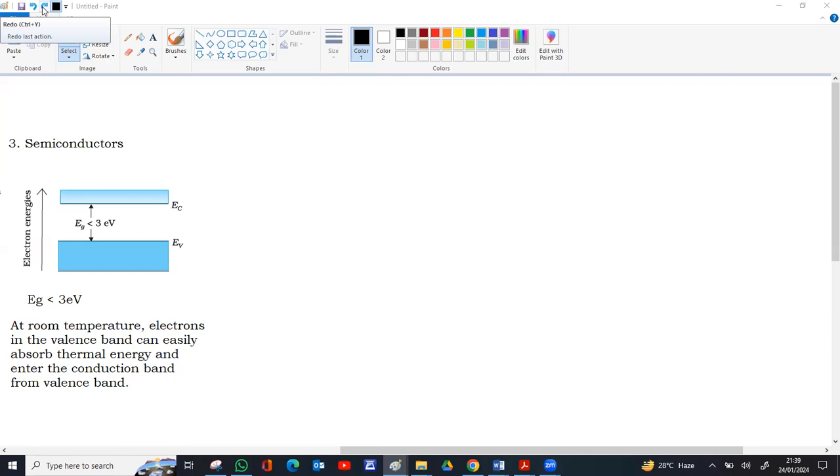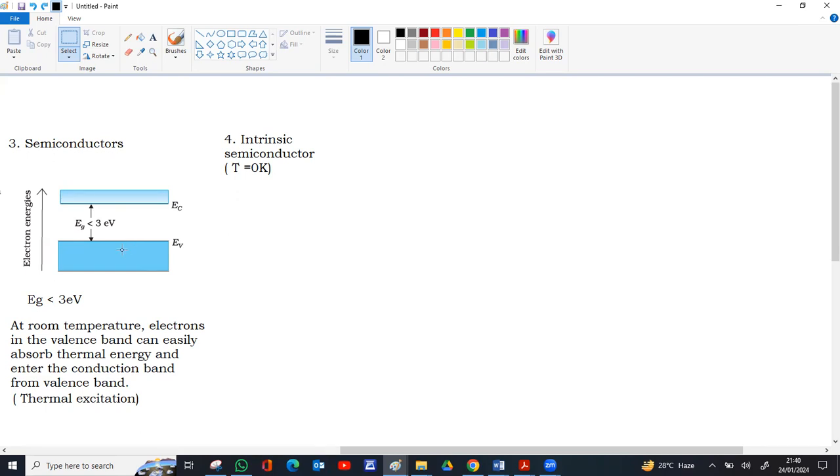If the intrinsic semiconductor is at 0 Kelvin, there is no thermal support, no heat energy available for the electrons in the valence band to excite to the conduction band. Since no support of external energy is available, the valence band will be completely filled and the conduction band will be empty.